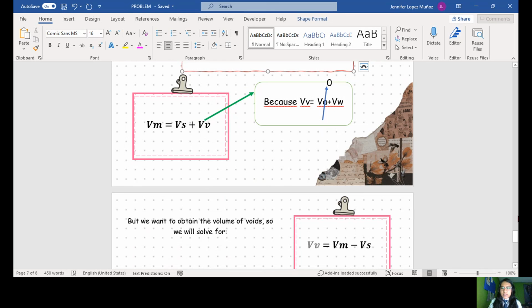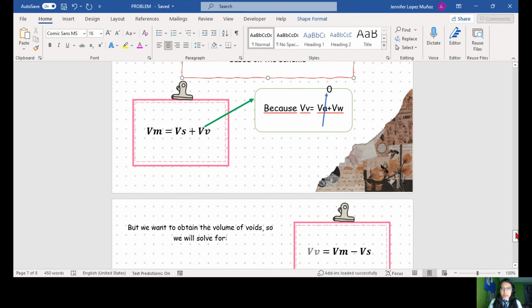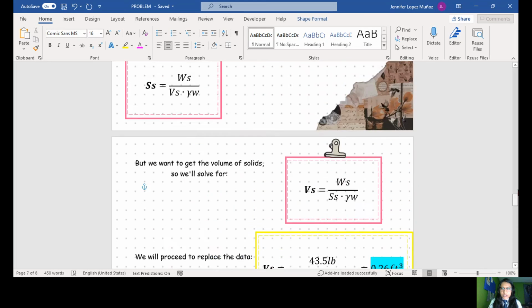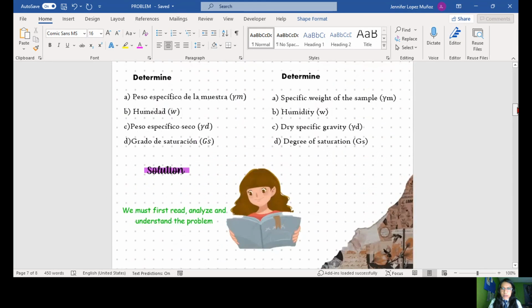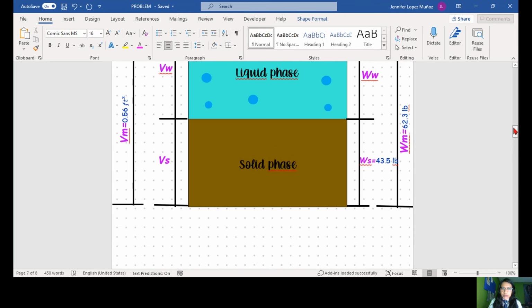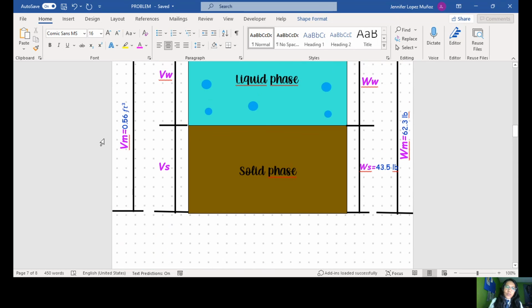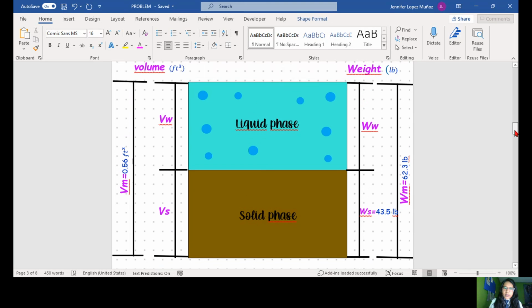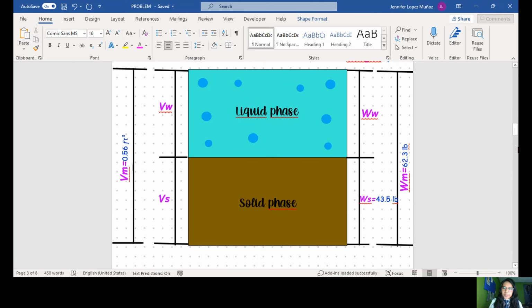It's true because in the picture, the sample volume is equal to the solid volume plus void volume.